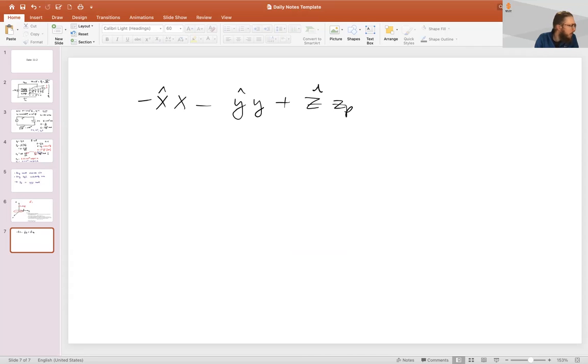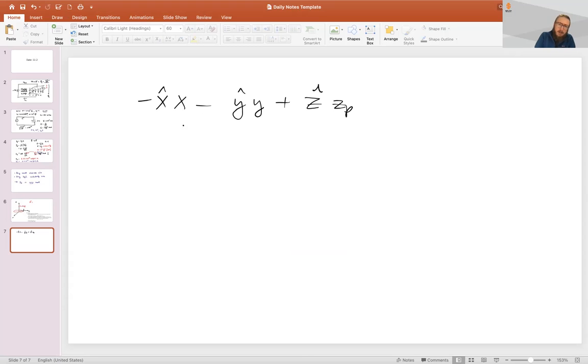So we have a circular ring. Is there a reason that you chose Cartesian coordinates, Daniel, instead of cylindrical or spherical? I guess I just like Cartesian more. Okay.